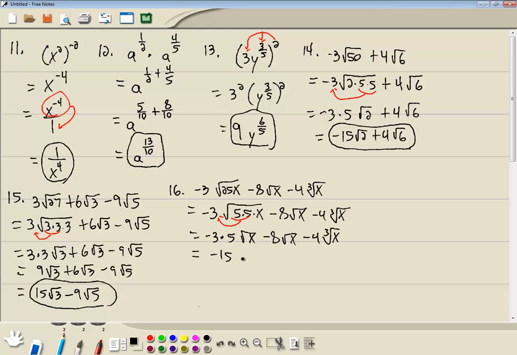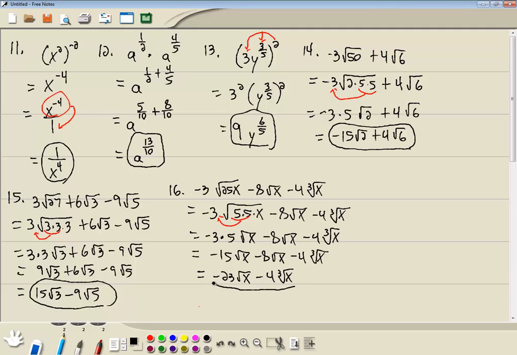Which gives us negative 15 square root of x, minus 8 square root of x, minus 4 cube root of x. Now since these are both x's, then I'll add or subtract the numbers in front. Negative 15, negative 8 is negative 23. Negative 23 square root of x minus 4 cube root of x.